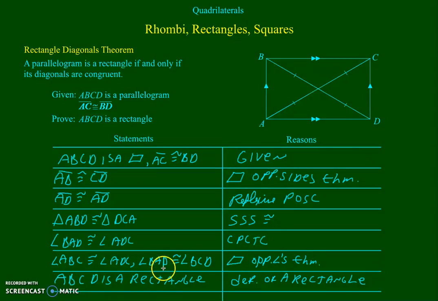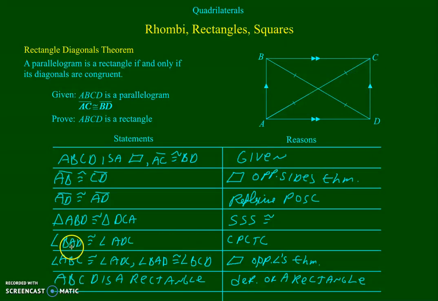Now we go back to the idea of opposite angles in parallelograms. We know that angle ABC is congruent to angle ADC. So ABC, this angle, is congruent to ADC, this angle, and BAD, this angle, is congruent to BCD, this angle.